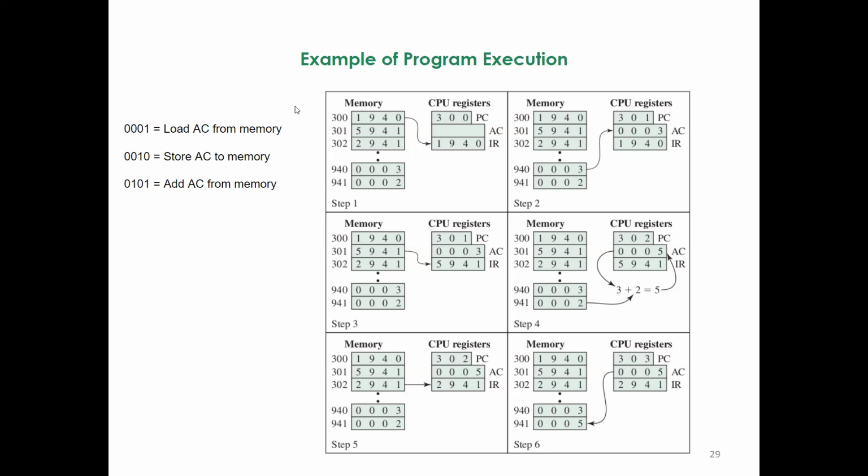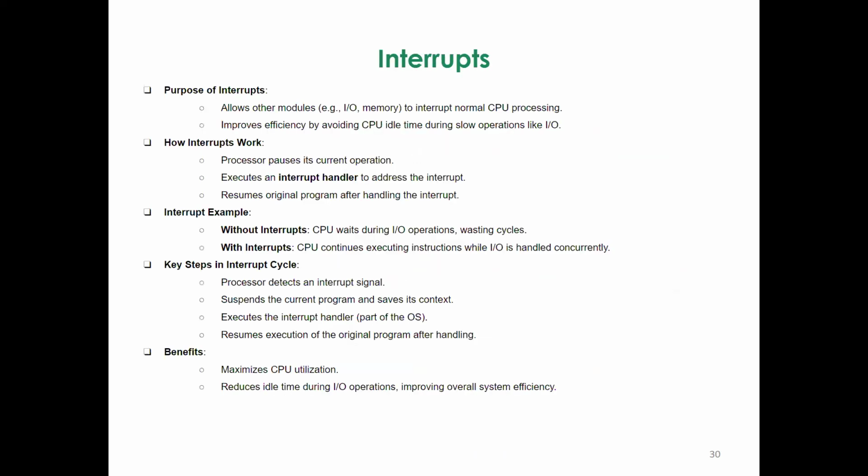Having decoded that this is a load accumulator from memory, we go to 940 and load 0003 into the accumulator. Then we are done with that instruction. We go to 301. You can do the process.